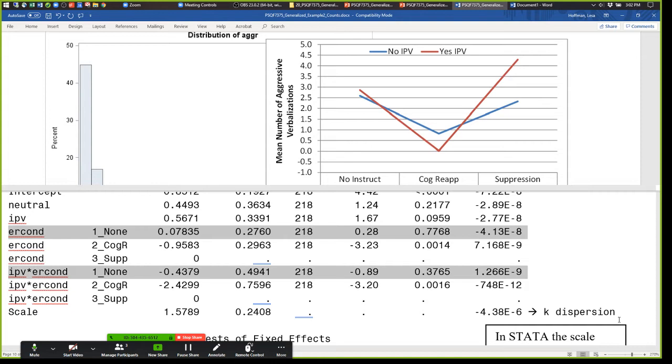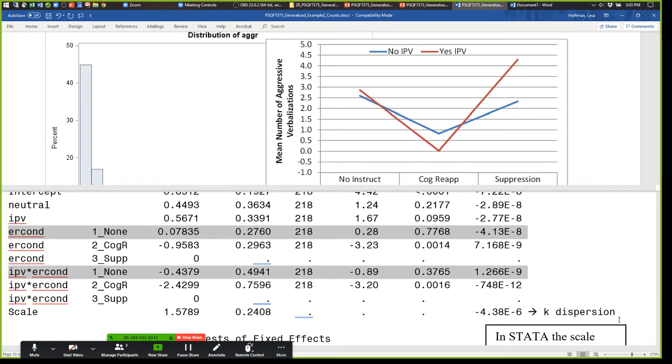So there's a very slight positive effect that's not significant in people without IPV between suppression and no instruction. That tendency becomes what in people with a history of IPV? This one's tricky. I'd be saying less positive, but really it's like you're going from 0 down to something negative.